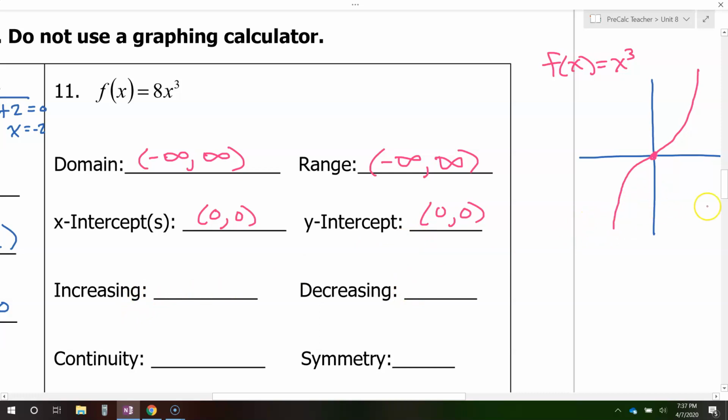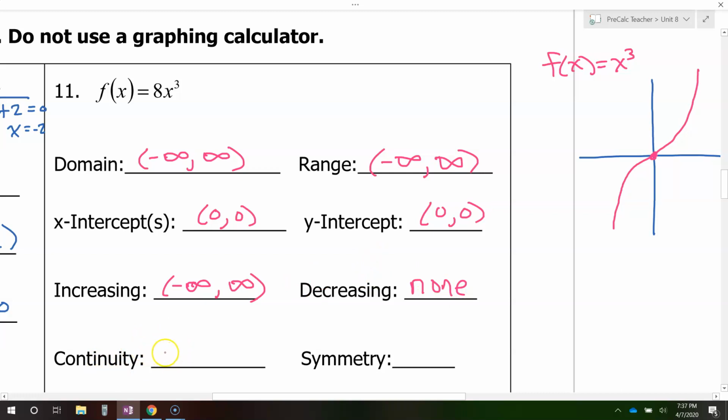As I travel from left to right across this graph, notice that I'm going uphill the entire way. So the entire graph is increasing. In other words, the entire domain is increasing. So it is increasing from negative infinity to positive infinity. There are no decreasing intervals, so I'm just going to say none.